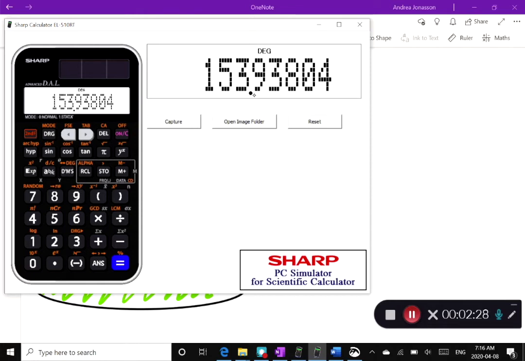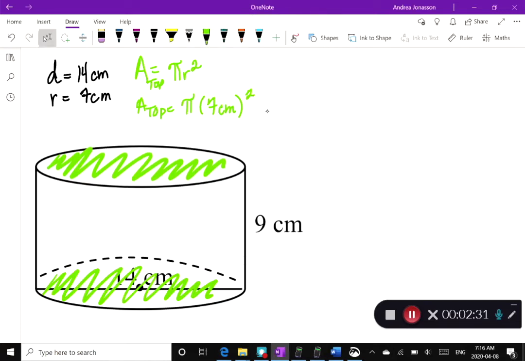I'm going to round that off to 154. And because we have centimeters squared, 154 square centimeters. Now, we have a top and a bottom, so the top is going to be the same as the bottom because they're the same.